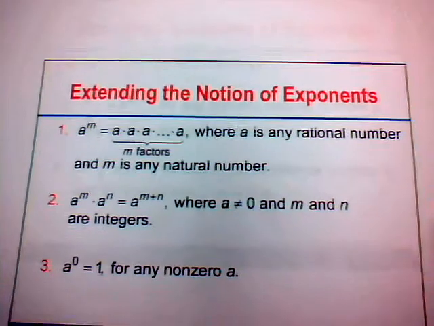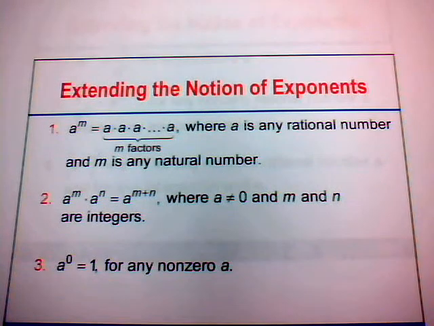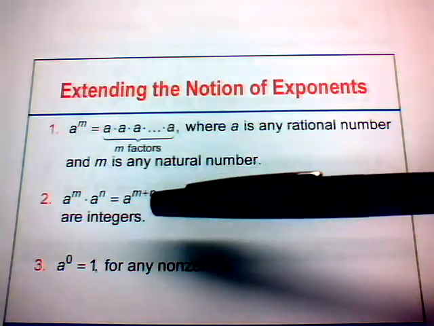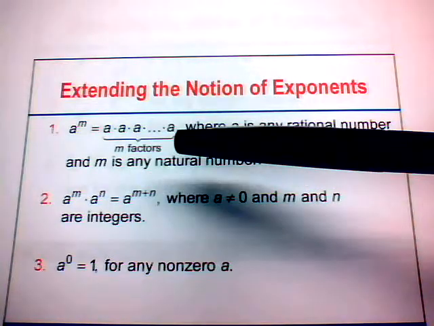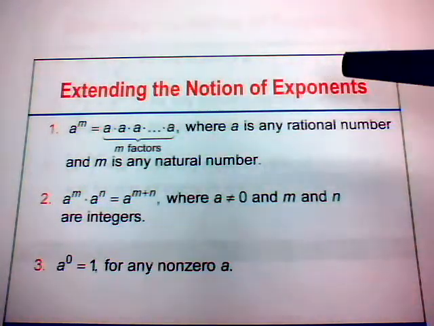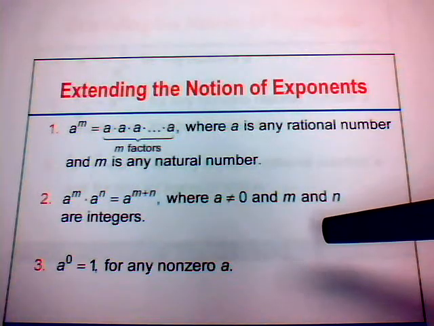Okay, next we'll extend the notion of exponents. a to the power of m, where m is your exponent, tells you how many times a is used as a factor, and it's written like this. And a is any rational number, m is any natural number.